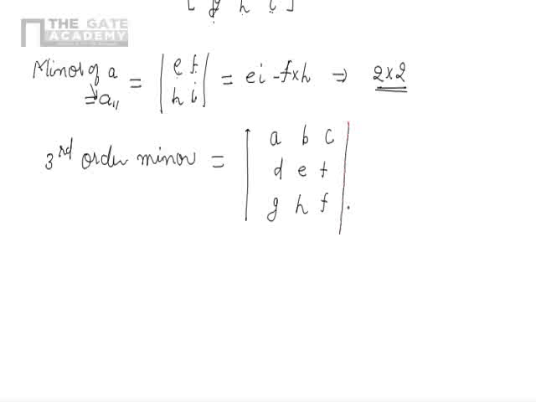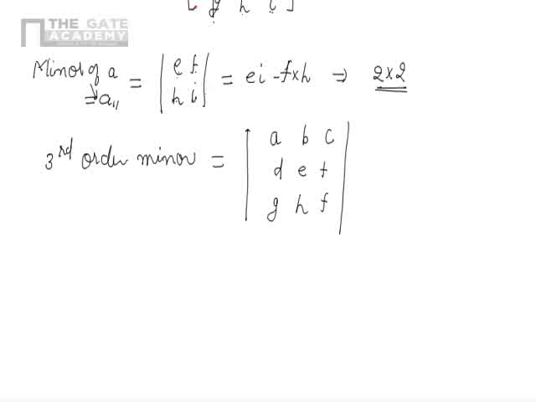In general, in the earlier classes at school level, whenever we have seen the minor, we generally talk about the 2 by 2 order minor only. But the basic meaning of minor can be understood in the sense of a subset.